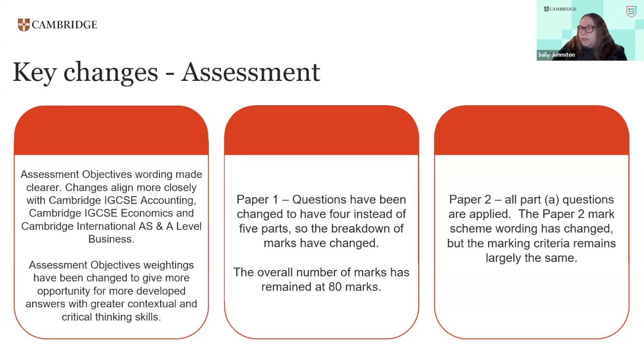Previously, where we had 5 parts of 2 marks, 6 and 6, one of the 2 mark questions has been removed, and the 2 marks has been added to the second 6 mark question. As I said, the number of marks still remains the same, 80 marks for this paper. But once again, this allows for much more developed answers for our candidates.